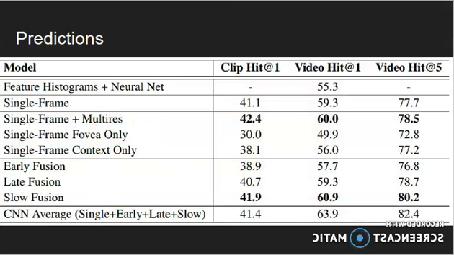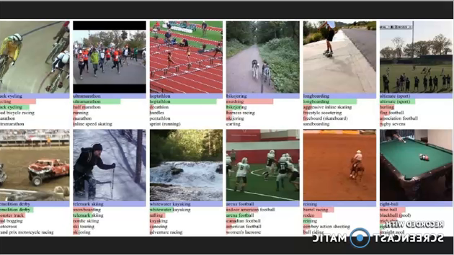Very small differences. And even though the accuracy was not that great, you can see that the misclassification is more reasonable because, for example, in this case, cycling was chosen, but the correct one was track cycling. And obviously, cycling and track cycling are very similar.